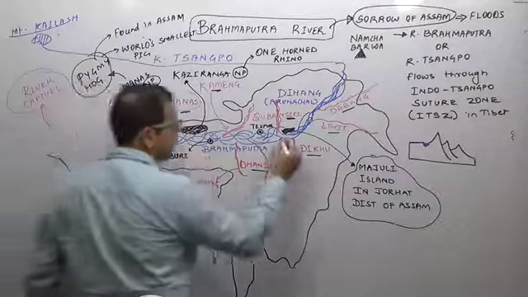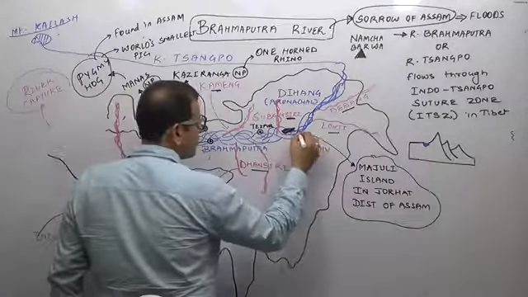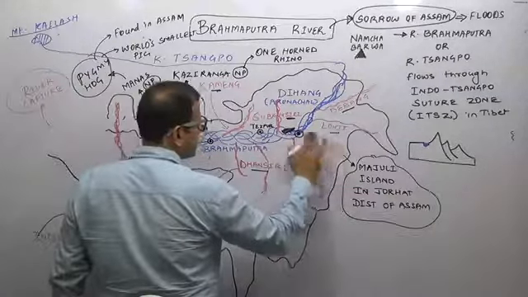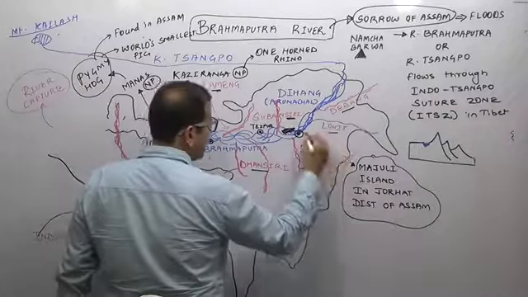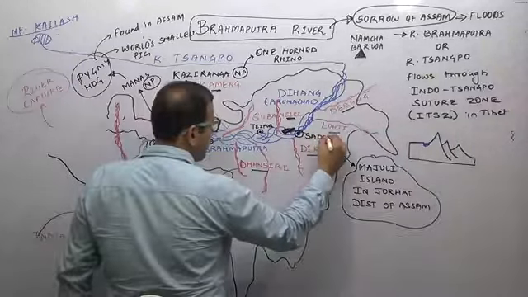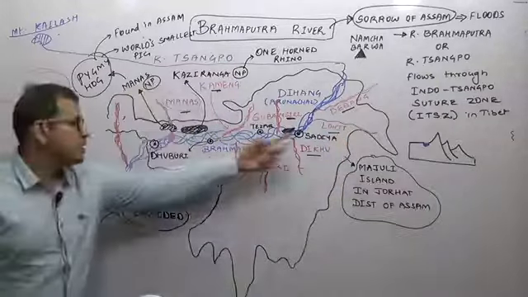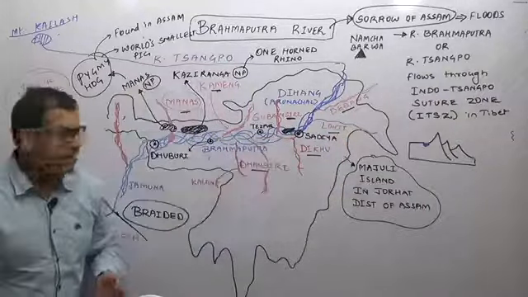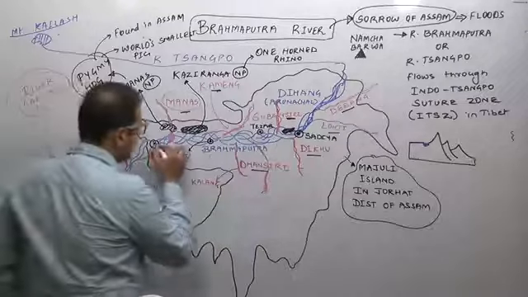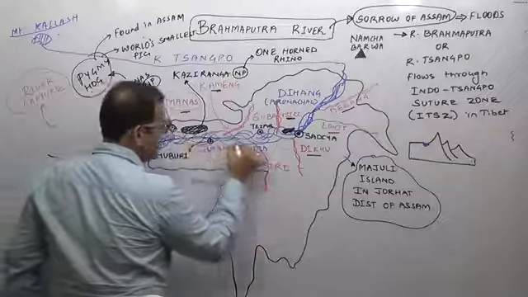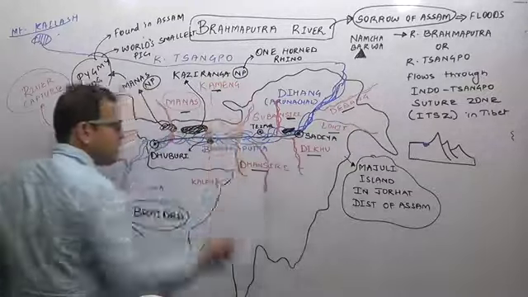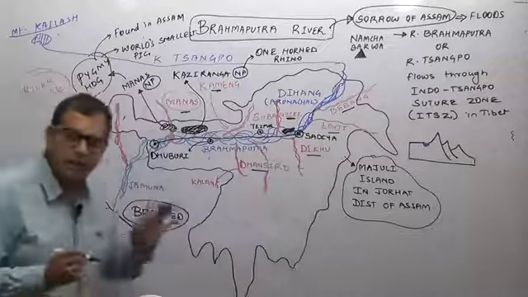And here there is a city which is known as Sadia. The stretch of river Brahmaputra between Sadia to Dhubri is navigable, and the Sadia to Dhubri stretch, which I am drawing as a line, is declared as National Waterway 2.